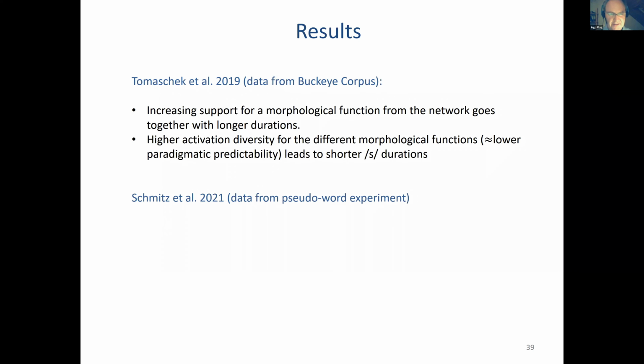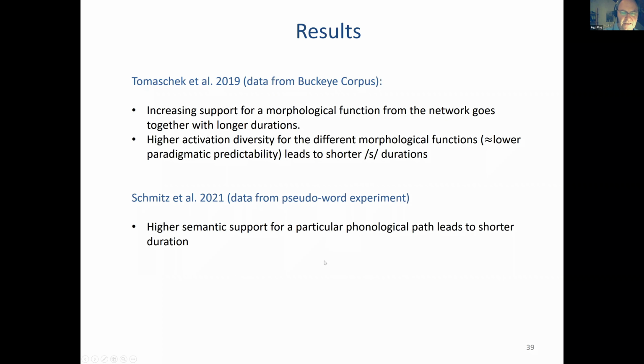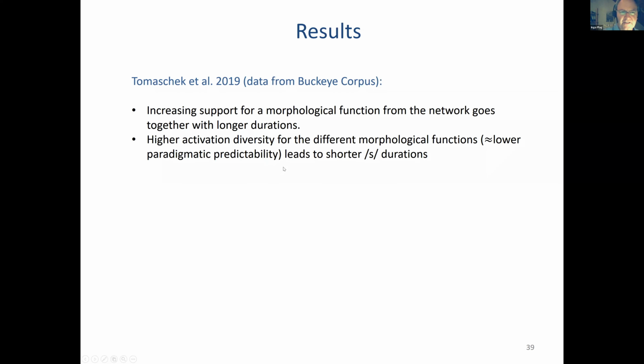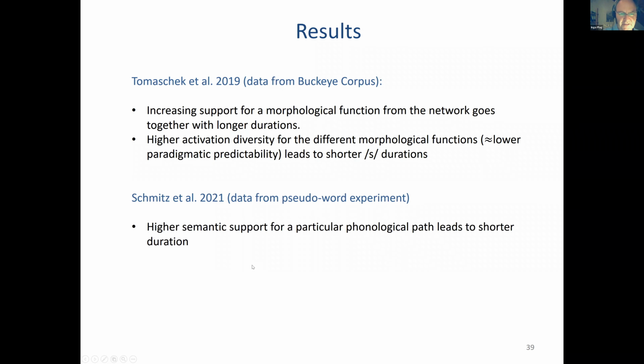In the pseudo word experiment, we had basically the same facts, but we used a different approach. The Tomaszek et al. study was a naive discriminative learning network, and in Schmitz et al. we used the linear discriminative learning network. And here we found that higher semantic support for a particular phonological path leads to shorter duration.